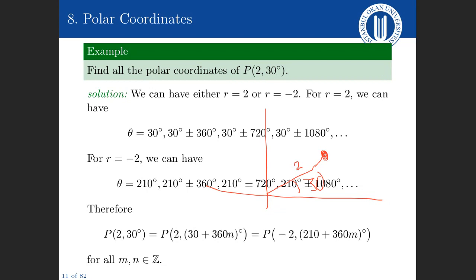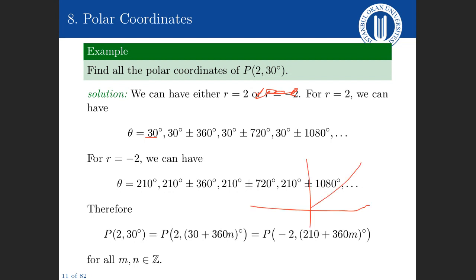Now, as we've seen on the previous example, we can either use a positive distance, r is 2, or we could use a negative distance, r is -2. But I want to look at what happens if r is equal to 2. R is equal to 2, we know we could have the angle 30 degrees, or we could go all of the way around like this.